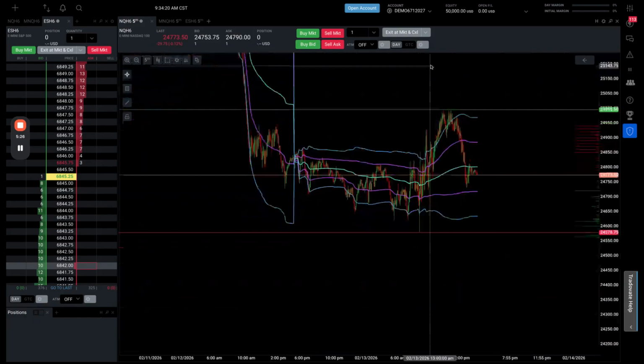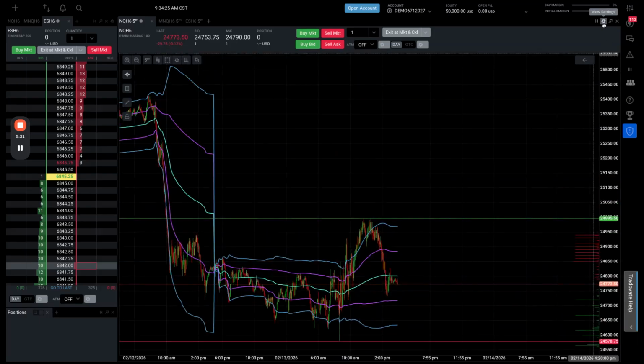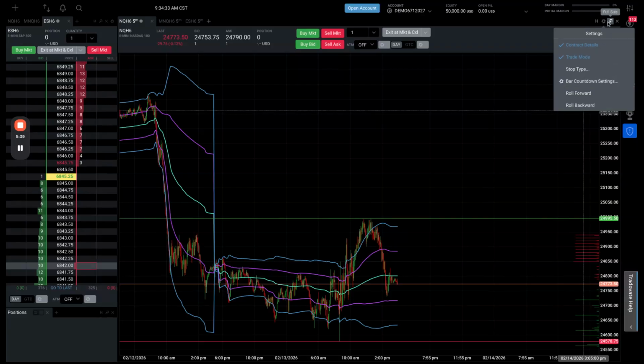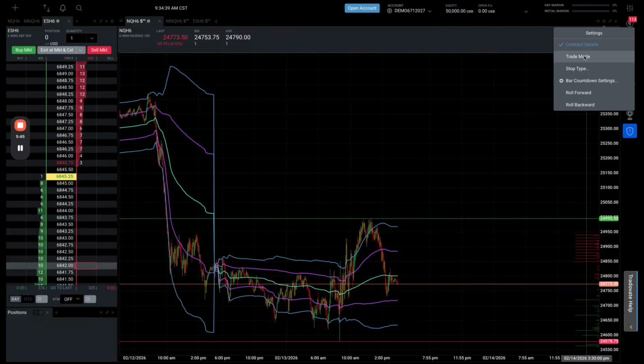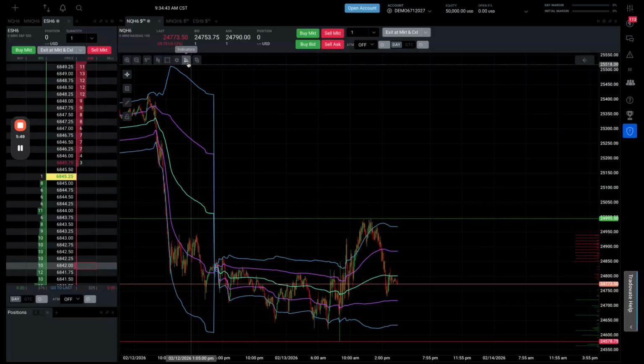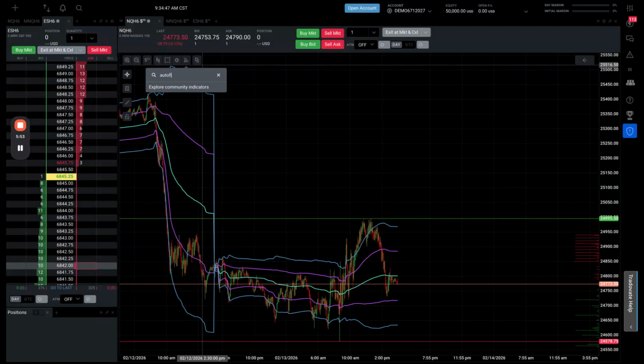Okay, and you see how I try to move the chart and then it comes back? That's called auto fit. So we come over here and we've got to fix that. We don't want auto fit on here. I think it's over here. We want trade mode on. Okay, maybe it's over here, auto fit. Let me see, auto fit.